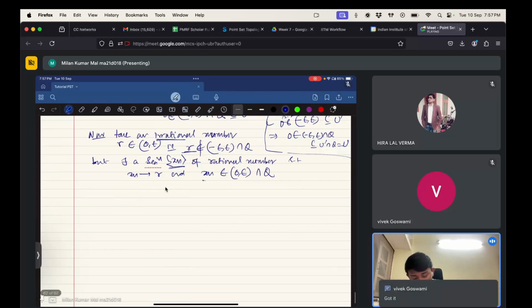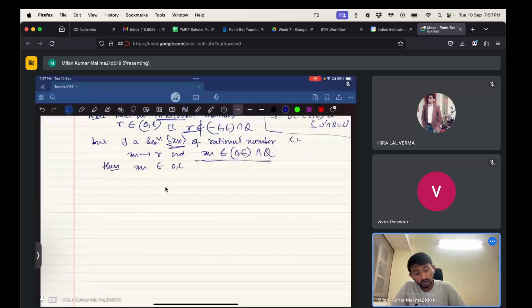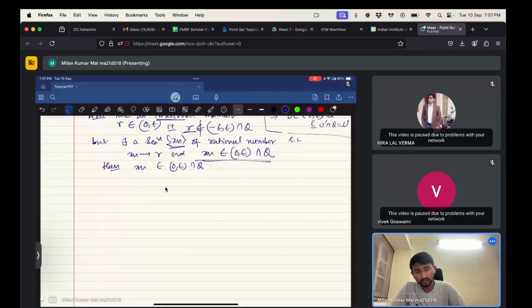Then xn is in (0, epsilon) intersection Q, which is sitting inside U, which is sitting inside U closure, right?